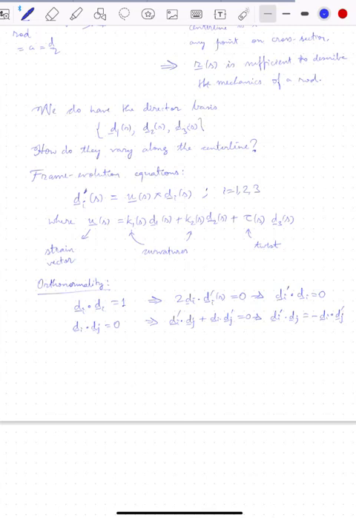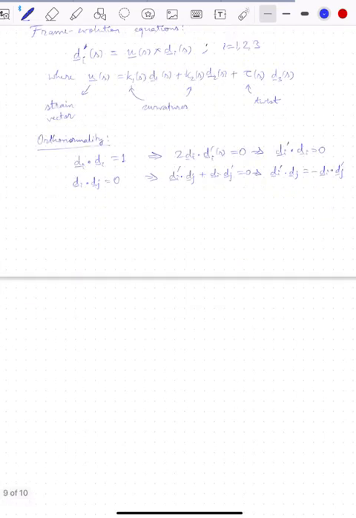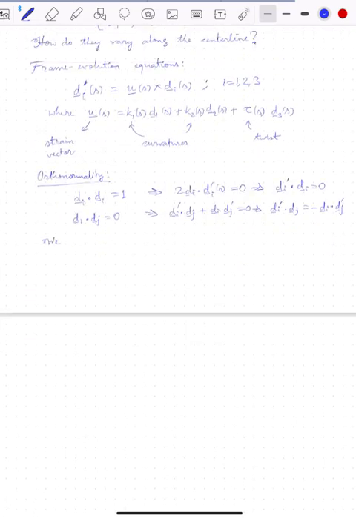Now, since di prime is perpendicular to di, we observe from the evolution equation that di prime dot di is equal to u cross di dot di.